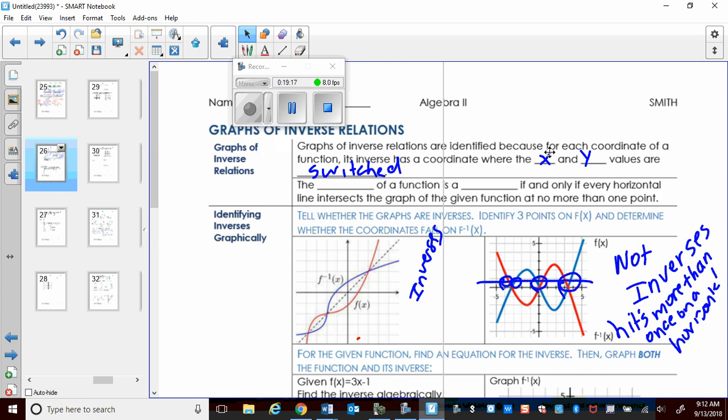So while you're doing that, for the next one, we are going to graph the original equation. We're going to highlight green, the original, and then we're going to graph the inverse. We're going to solve for the inverse and just graph it.